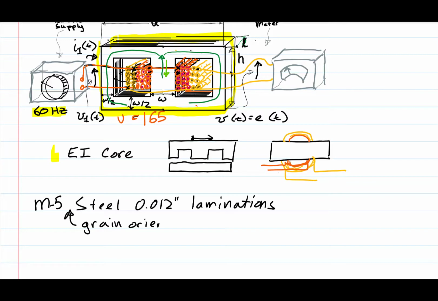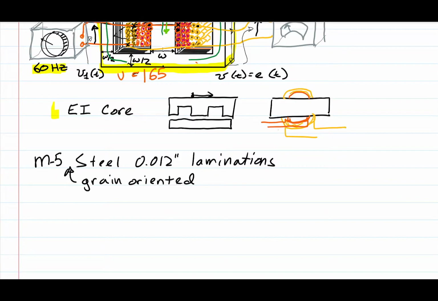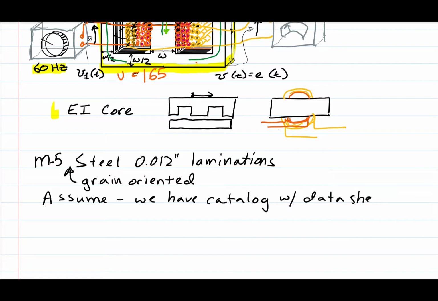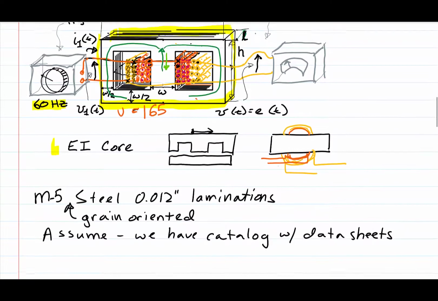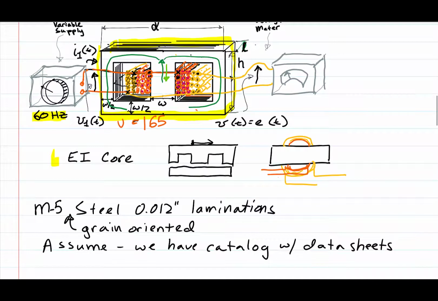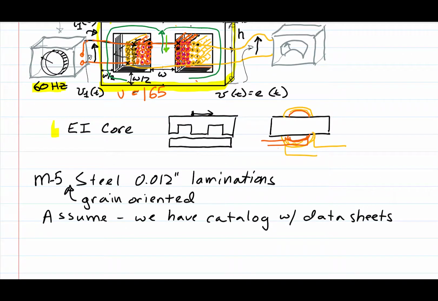That has to do with the way it is manufactured, and usually grain-oriented steel is lower loss steel. We're going to assume that we have a catalog containing the data sheets having the information that we would need to analyze what we are getting under an open circuit test, and to use the measurements on this structure to derive our magnetizing reactance and our core loss resistance.